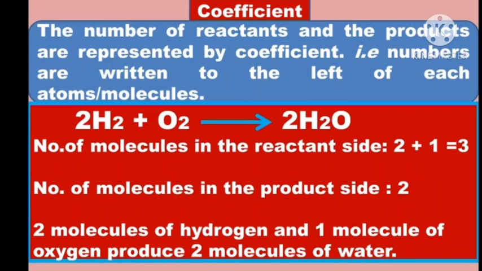Number of molecules involved in the reactant side is equal to 2 plus 1: 2 molecules of hydrogen plus 1 molecule of oxygen. On the right hand side, that is your product side, you have 2 molecules of water. So, in general we can say 2 molecules of hydrogen react with 1 molecule of oxygen and produce 2 molecules of water. So, the numbers represent coefficients.